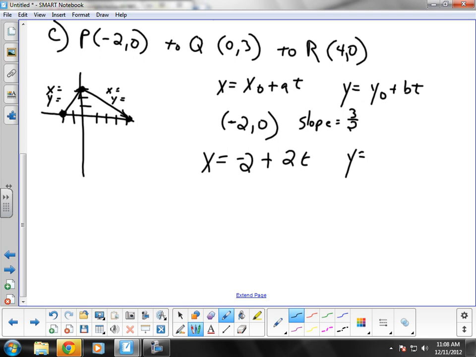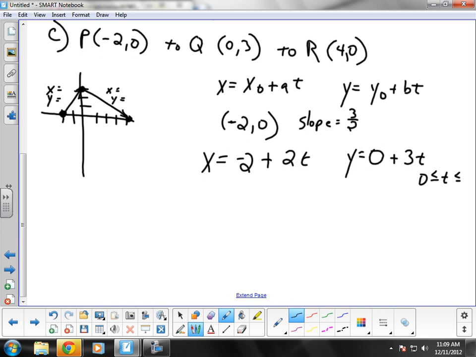And then we do y the same way. We take the y coordinate of the original point plus 3t, because it's the y part of the slope. And this happens for all t's from 0 to, now, this is the part you've got to pay attention to. Remember, I'm going to plug t back in here, but I don't want to get a point past this point right here.